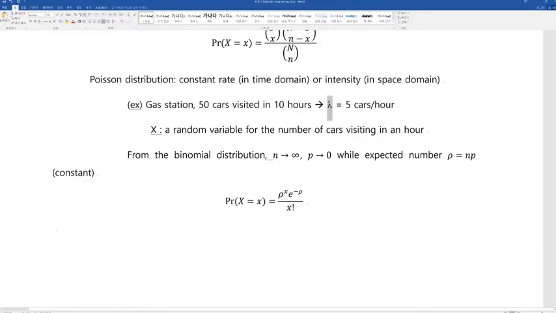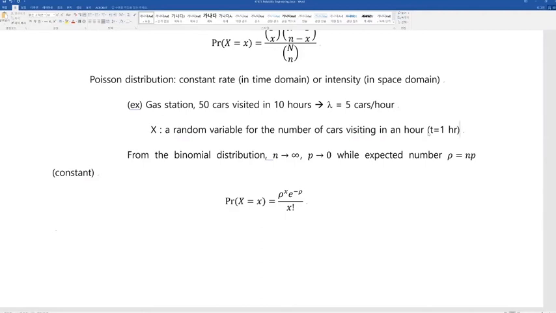In this case, we have this constant rate in the time domain, and the constant rate is that 5 cars visit each hour. So the visiting rate would be 5 cars per hour. And in this case, t equals 1 hour in this example.